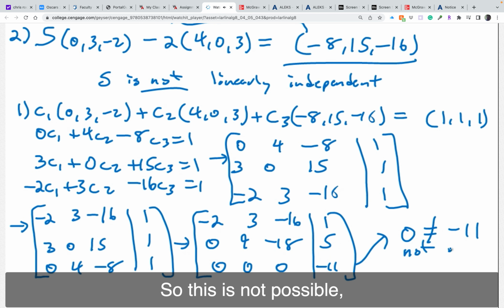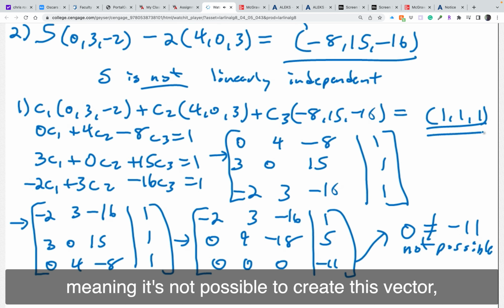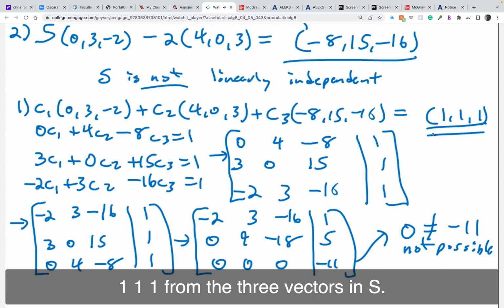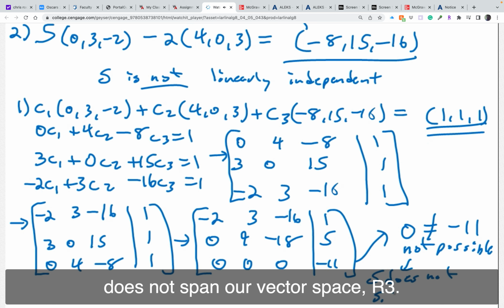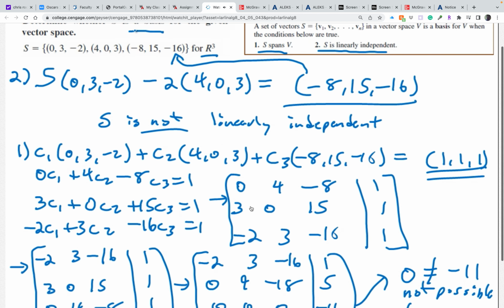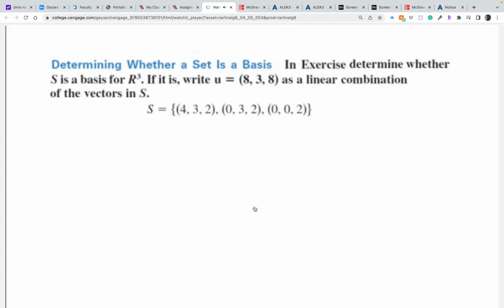So this is not possible, meaning it's not possible to create this vector 1, 1, 1 from the 3 vectors in S. So that tells us that S does not span our vector space R3. So in this case, S is not a basis for this vector space because it's not linearly independent and it does not span R3.